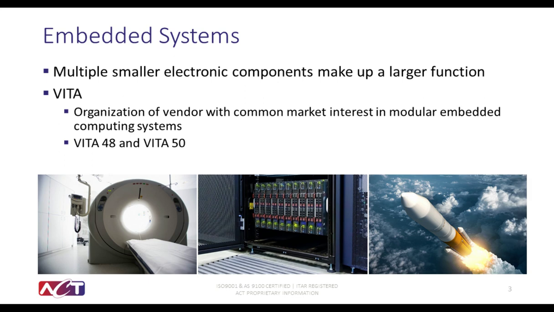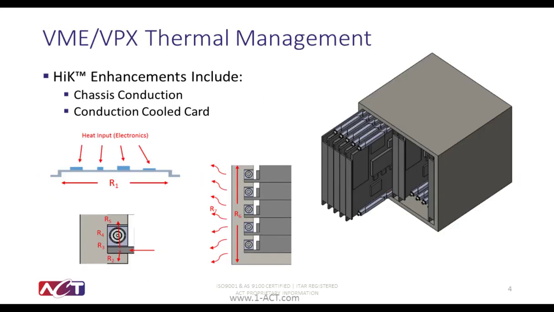In embedded VME or VPX systems, the electronics boards attach directly to heat spreaders, which move the heat outward to the chassis. The edge of the chassis is attached using a card retainer, usually known as a wedge lock. This allows for easy assembly and quick servicing or replacing of the electronic boards.